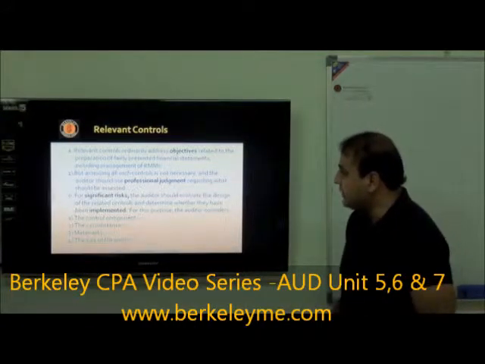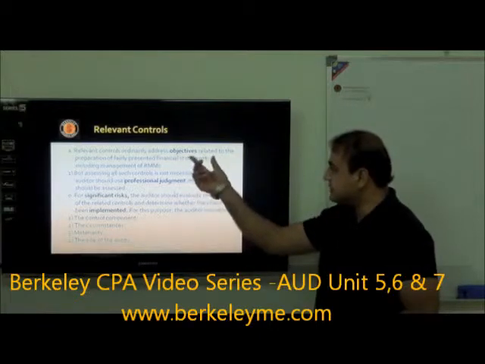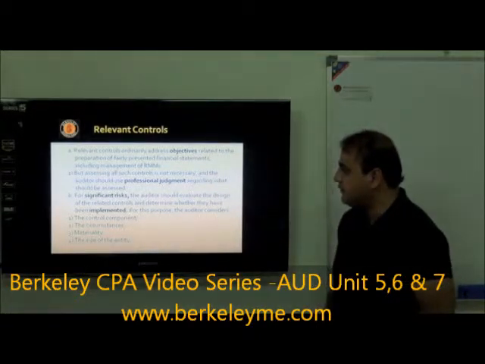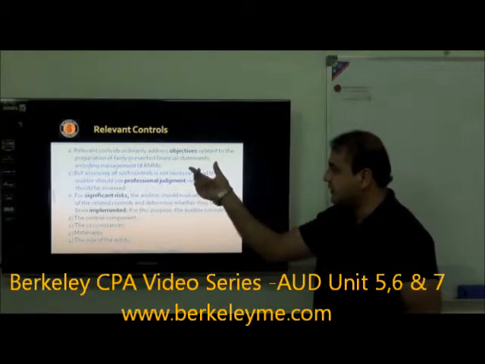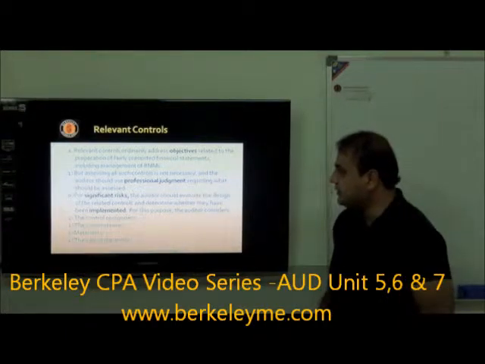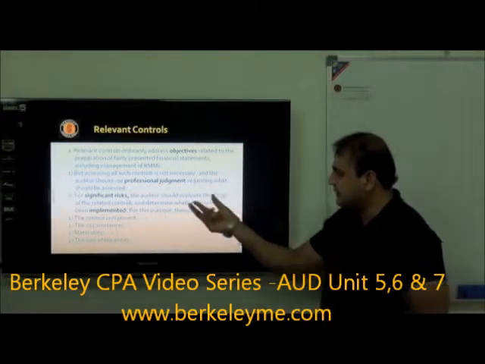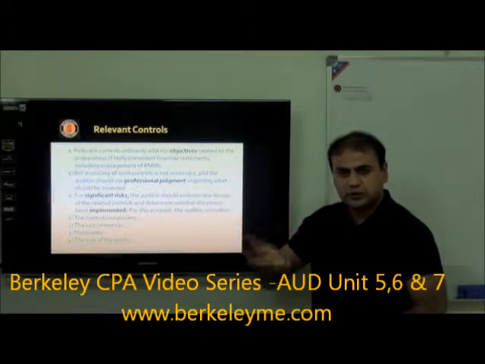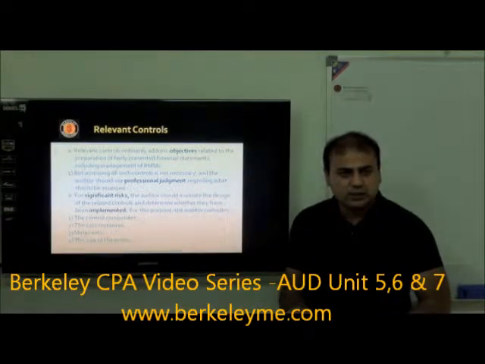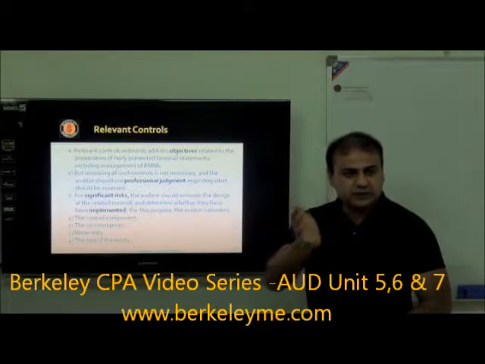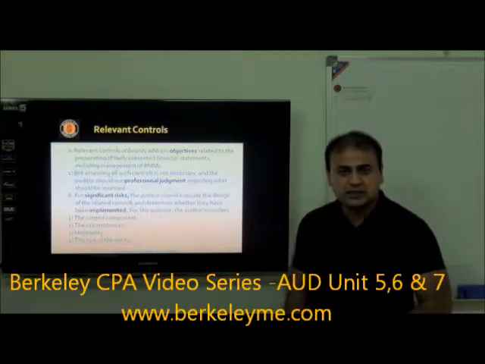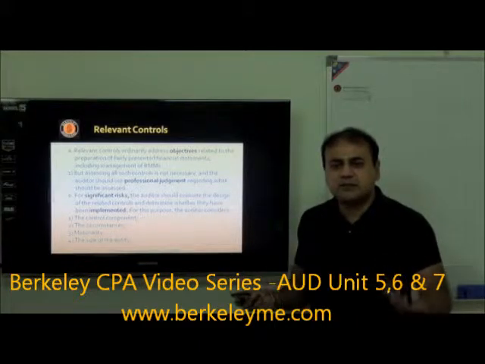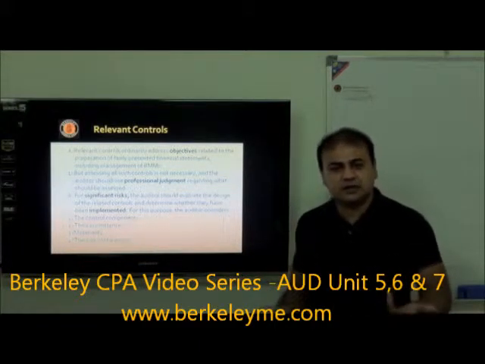Now let's discuss that relevant controls only address objectives related to the preparation of fairly presented financial statements, including the materiality of the misstatements. Professional judgment is required for that. We know that as an auditor, we should have professional skepticism, we should use our judgment, because risk assessment or any other thing is a judgment issue.